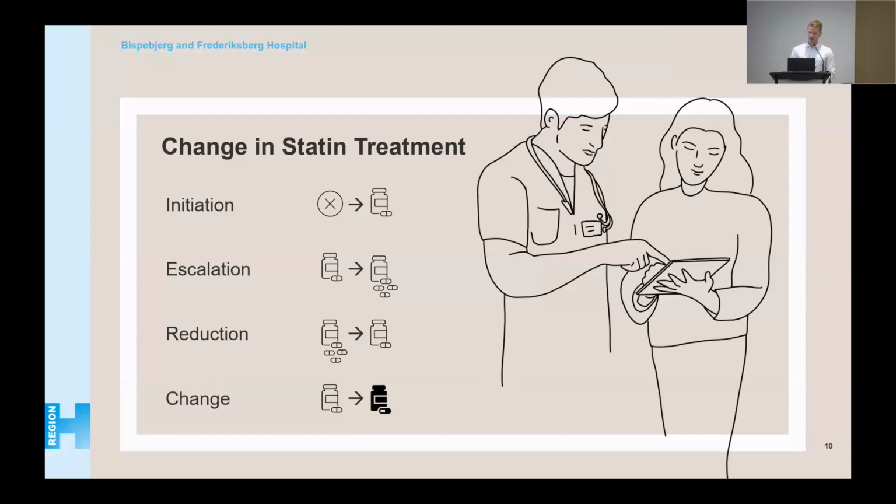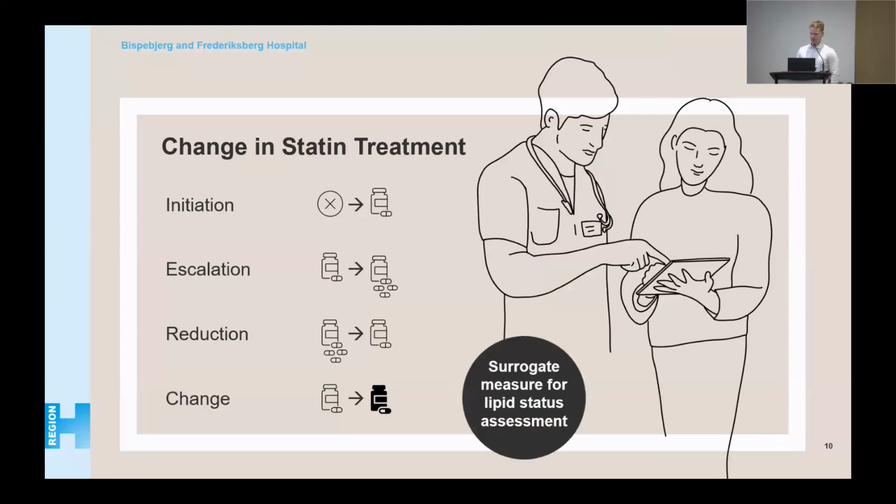For change in statin treatment, we used a surrogate measure, because we wanted to look at whether the patient was screened for their lipid levels 12 weeks after. At that time, we didn't have the blood sample registries as we have now, so we had to use some other surrogate measure.